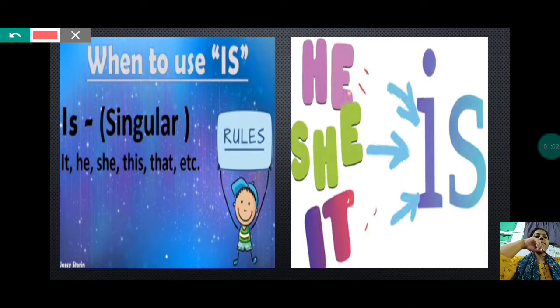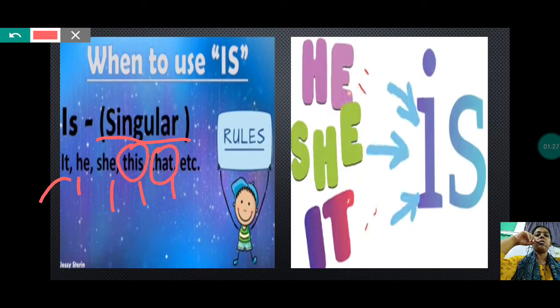Now let us see the use of is, and let us see some examples. Is is used for a singular person, animal or thing. So it should be a singular noun. So it is used with it, he, she, this and that, etc. Now this and that are also used for singular nouns.